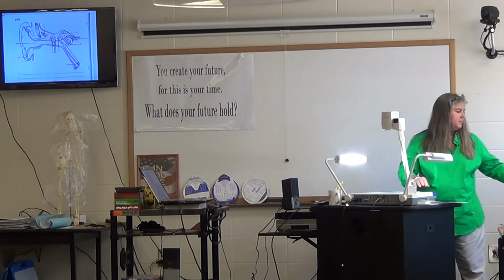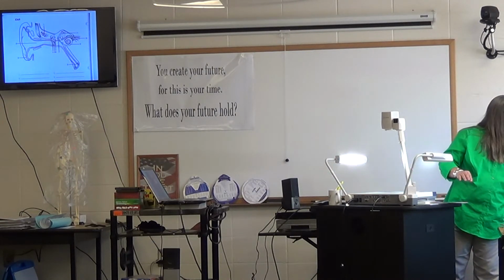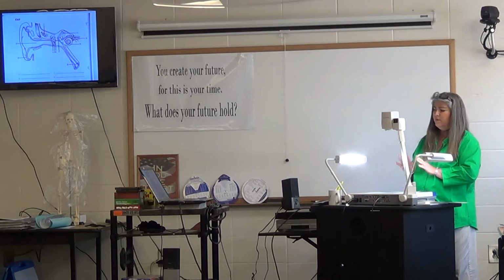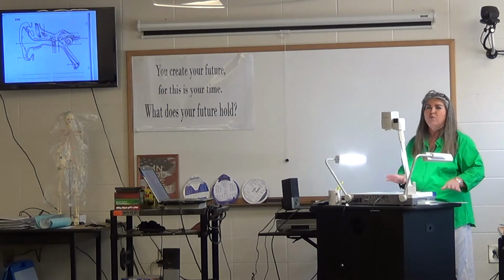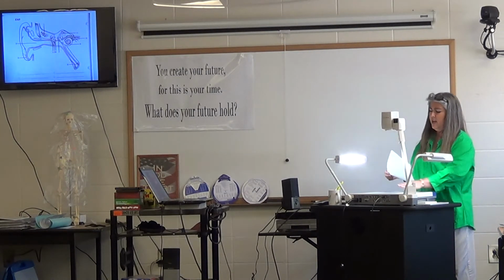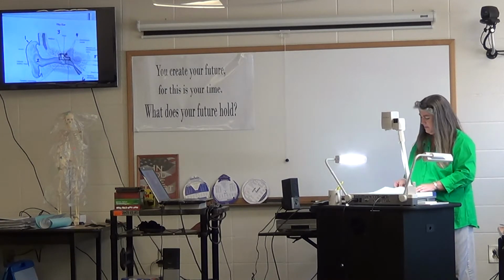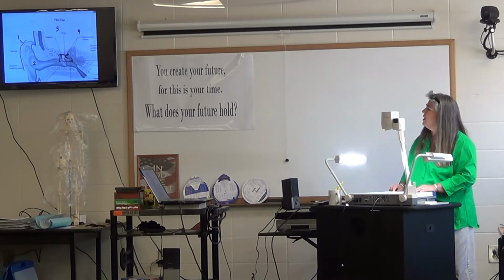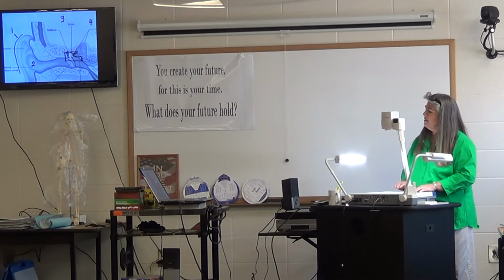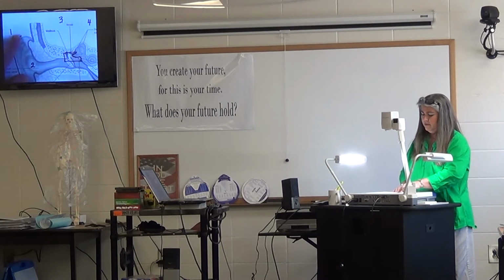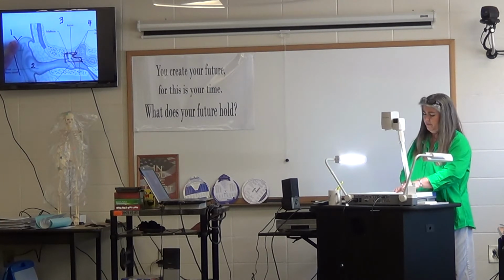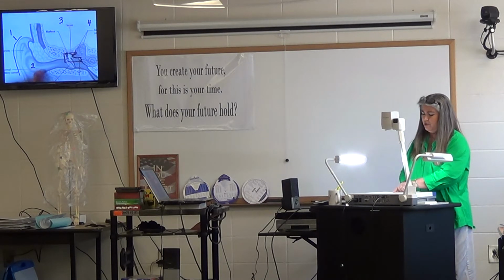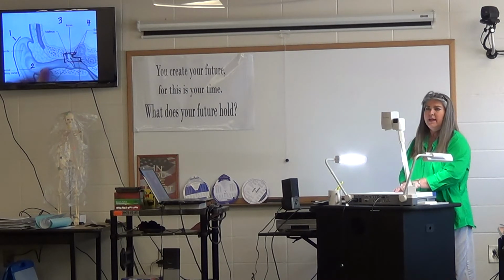Okay, let's go over the organ systems of the ear one more time. That's going to help you with your labeling. Number one, the pinna, or the outer ear. The auricle is at the top. Number two is the auditory canal, where you have your earwax.